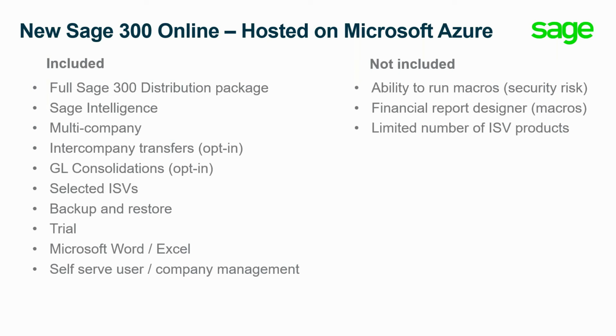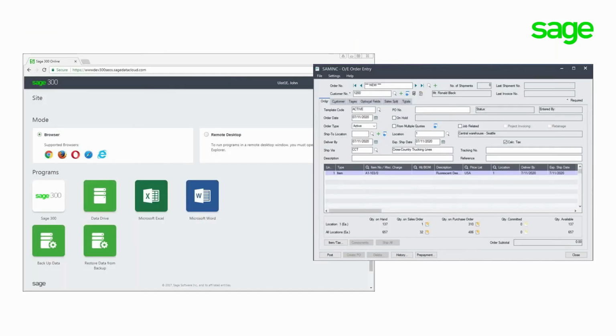So again, we are hosting the desktop screens. I get asked quite frequently why the desktop screens. If you're familiar with the Sage 300 Cloud web screens, currently they don't offer 100% parity. So we felt it'd be detrimental to only offer the web screens and not offer that 100% functionality of 300 where desired. So right now it is hosting the desktop screens.